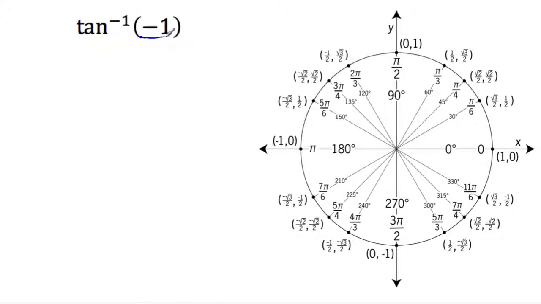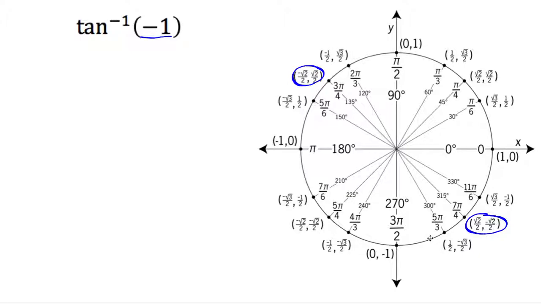Hopefully we realize tangent is y divided by x. So if I'm dividing something by itself, I'm going to get 1. If I'm dividing opposites, I'm going to get -1. So where am I going to have a -1? I'm going to have a tangent of -1 at 3 pi over 4, and I'm going to have a tangent of -1 at 7 pi over 4.